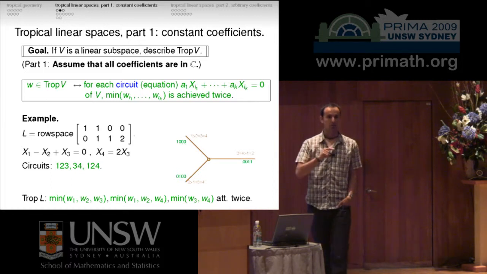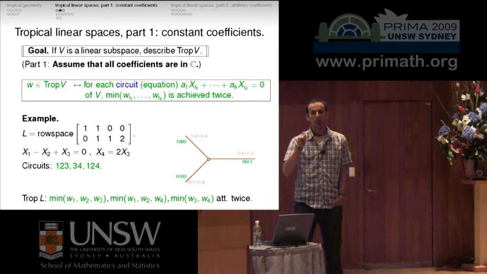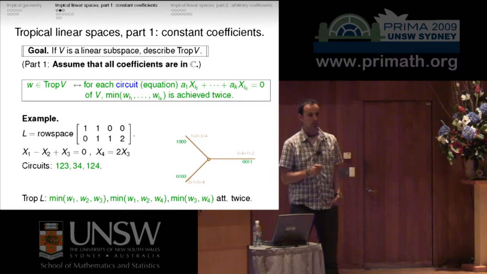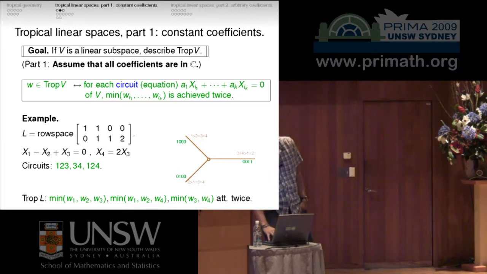But it's very important through this whole section 1 that you remember that all my coefficients are constant, meaning that they have valuation 0. So when I tropicalize these coefficients, A1 up to AK, they disappear. And all I get is the minimum of, I had been using little x, so you should think of these as xi1 up to xik.